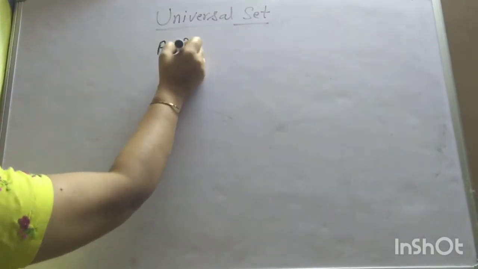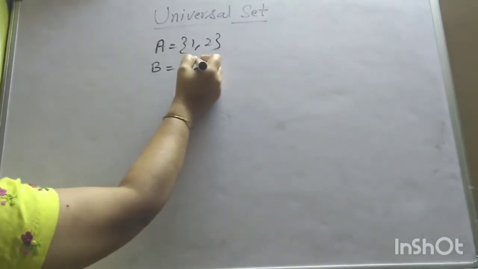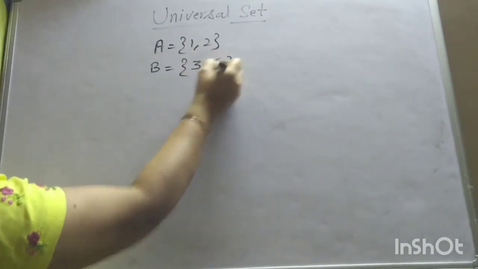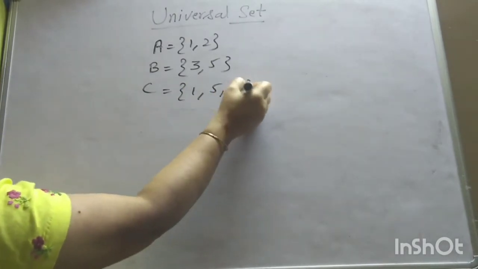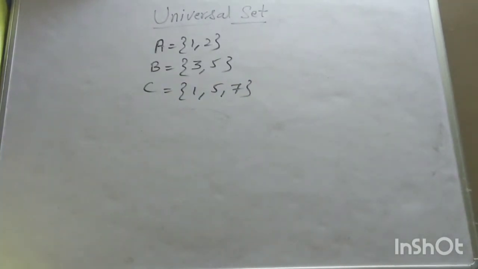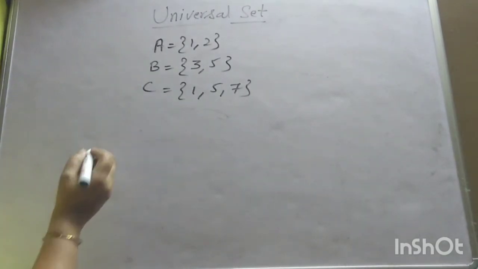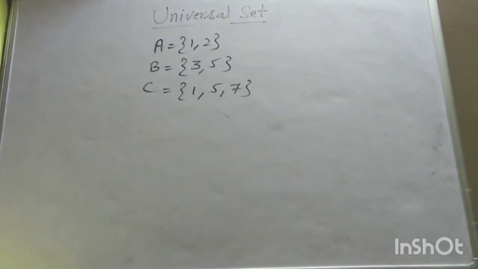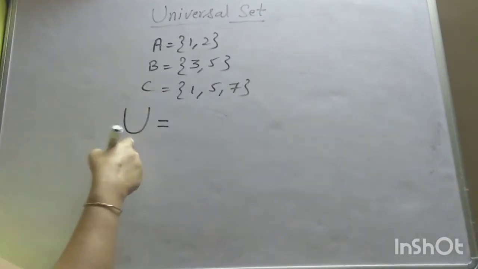Set A is {1, 2}. Set B is {3, 5}. Set C is {1, 5, 7}. Then what will be the universal set of these three sets? Now, universal set is always denoted by capital letter U.